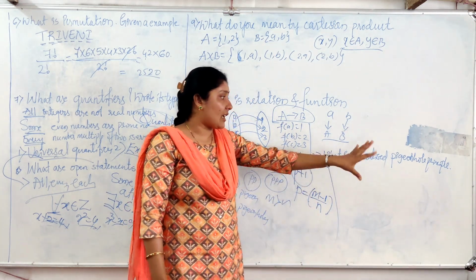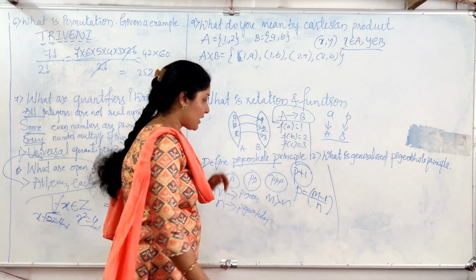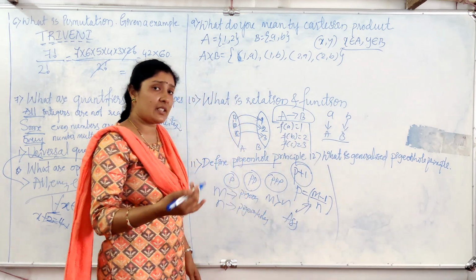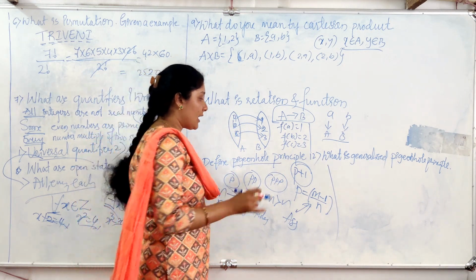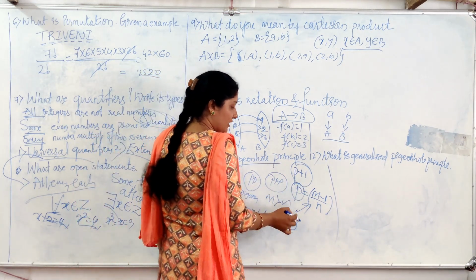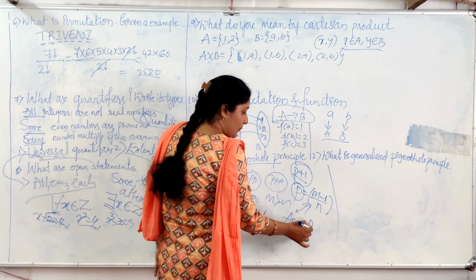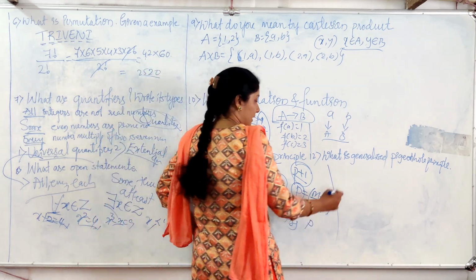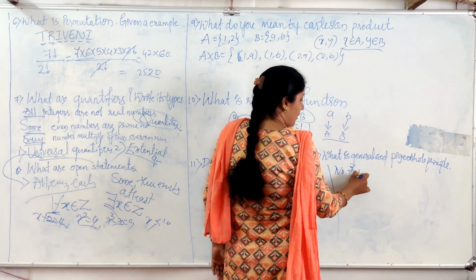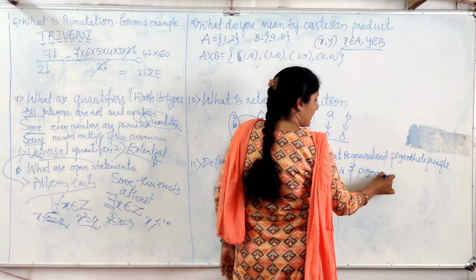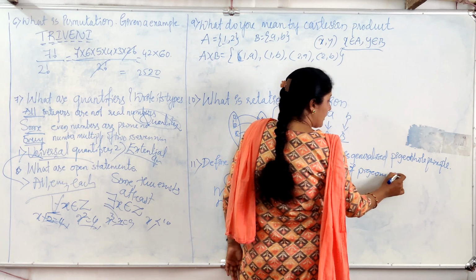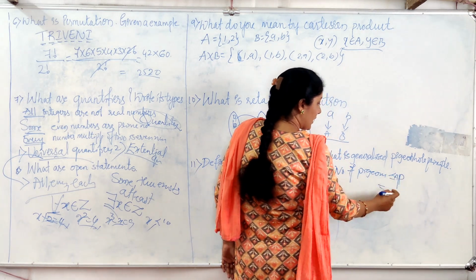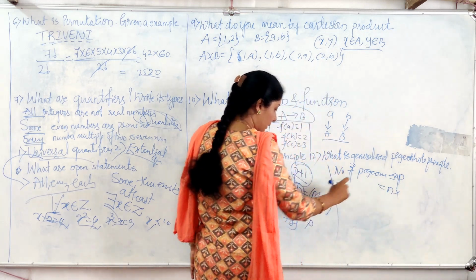Now, what is the generalized pigeonhole principle? This is as per the assumption. As per the principle, the number of pigeons in each pigeonhole will be less than or equal to P. So according to that, the number of pigeons will be less than or equal to N times P. What is P?